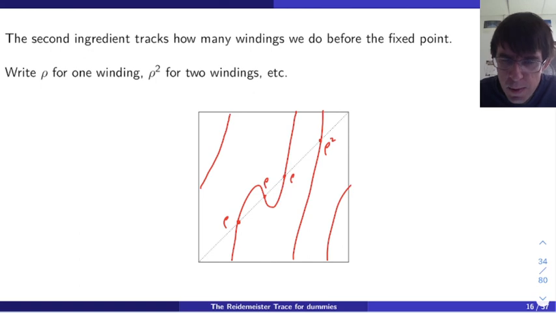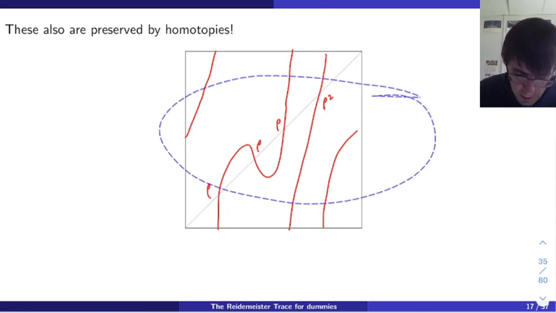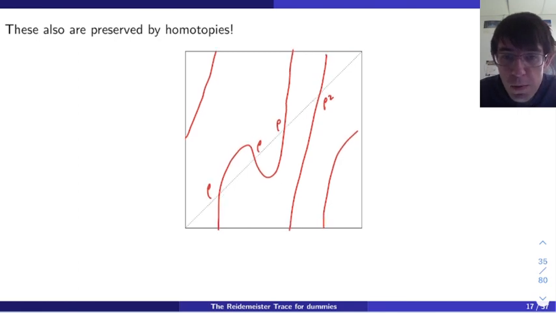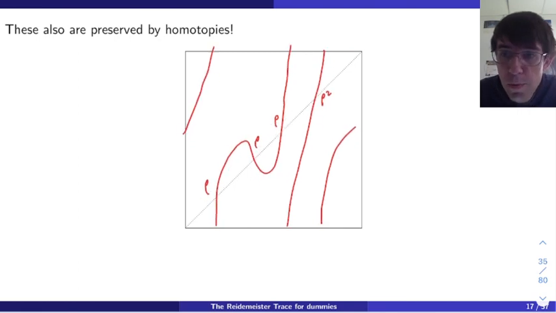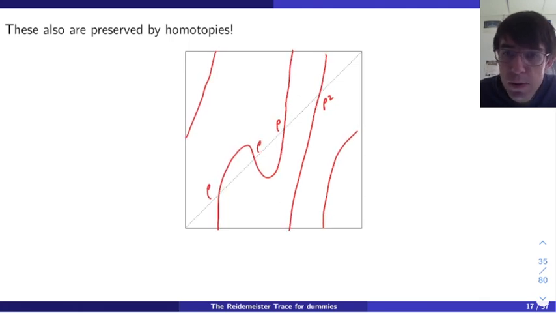It's called classes because, as you'll see in a moment, there is some kind of equivalence relation that we need to do to make this work. But I will point out, these things are also preserved by homotopies. That is, if I change the function a little bit, I'm going to see if I can grab them here. Notice when I wiggle this around, as before, the fixed points do wiggle around a little bit, but those classes don't change.